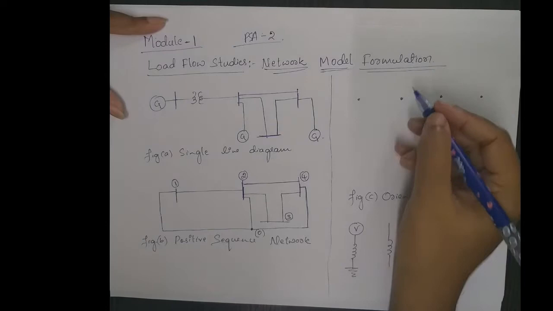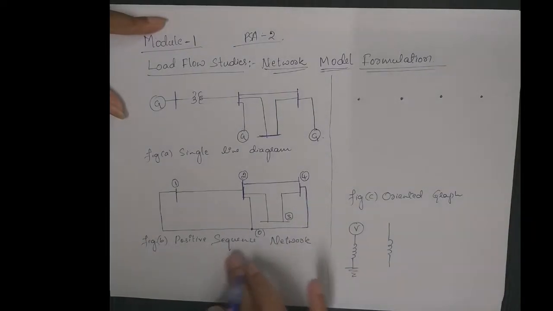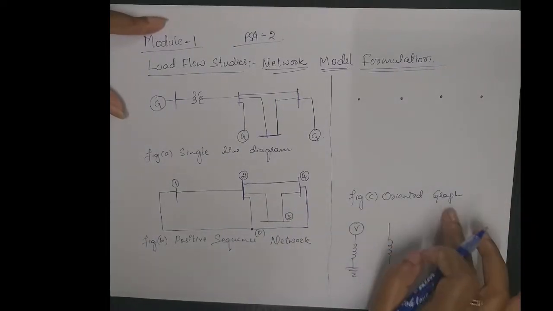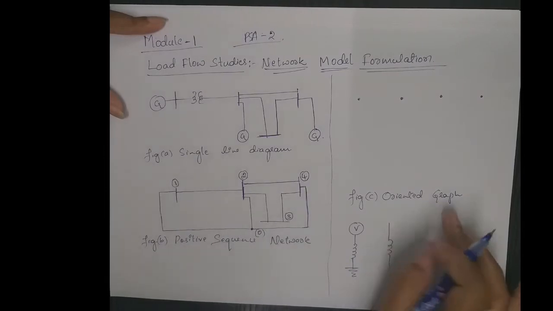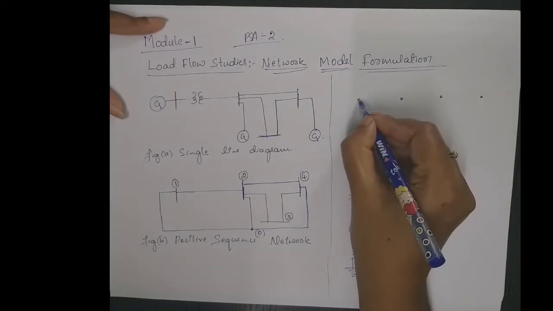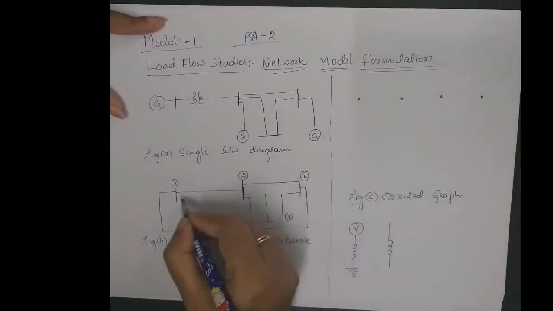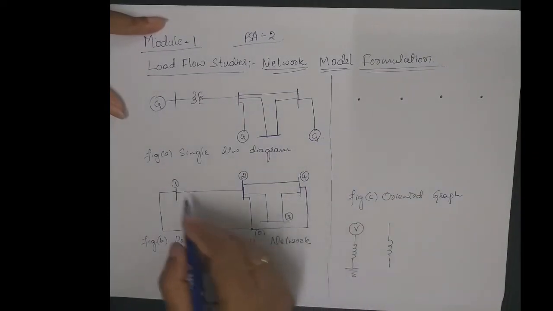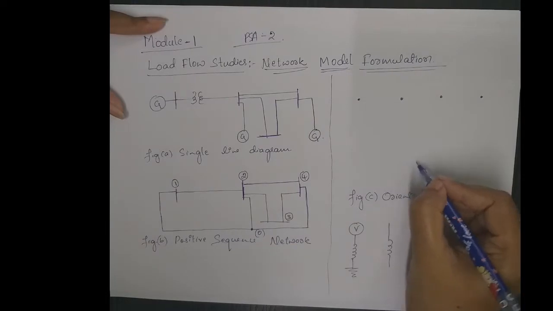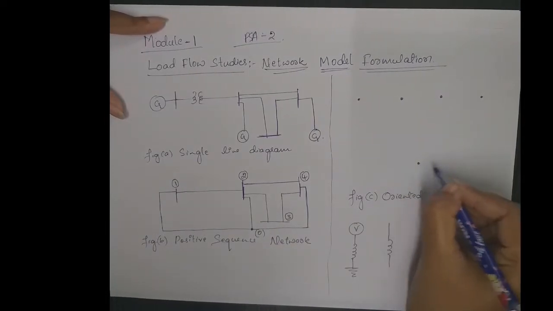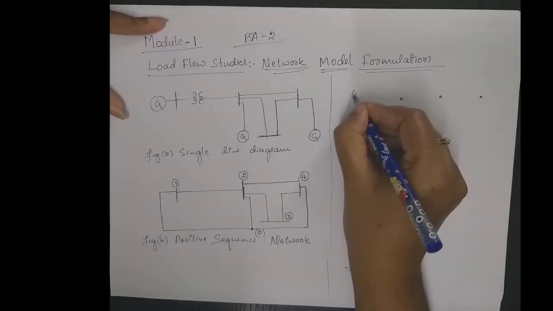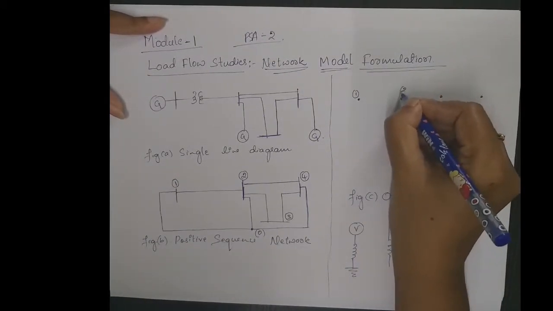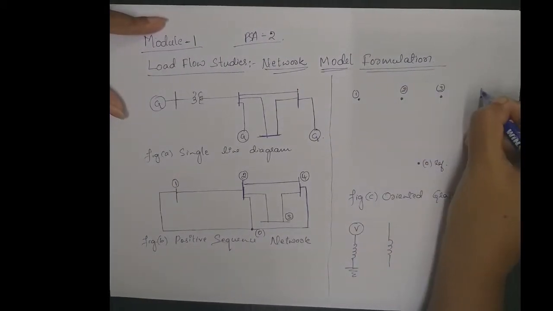So in order to convert from a positive sequence network to an oriented graph, first we have to indicate the nodes or terminals. How many nodes do we have, including the reference? 5. So it is better to represent the 0th node here. This is the 0th node or reference. This is the first one, second, third, fourth.